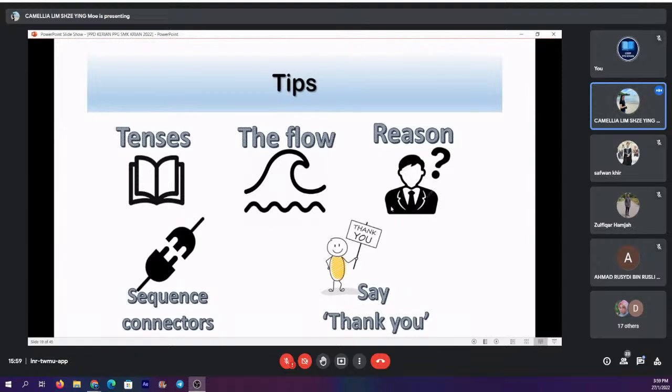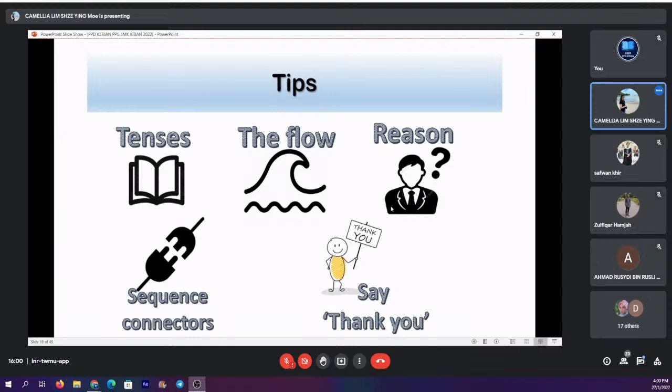Let's say they want to say, what is your favorite movie? My favorite movie is Transformers because, so provide a reason. After that, use sequence connectors. I feel intermediate students will be able to do this. Simple sequence connectors such as firstly, secondly, then after that, to link the ideas.